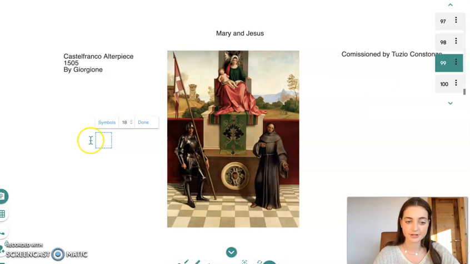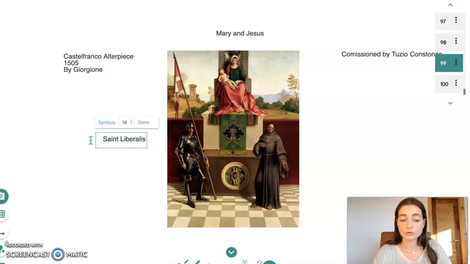Can you identify who these two figures are? It's a little bit more difficult, but this is Saint Liberalis, or according to most recent art historical findings, this could be Saint Nicasius. Right, now they are both martial saints, right?